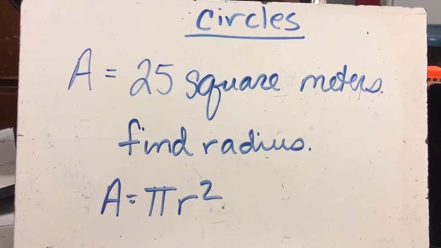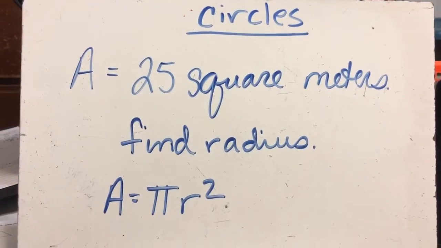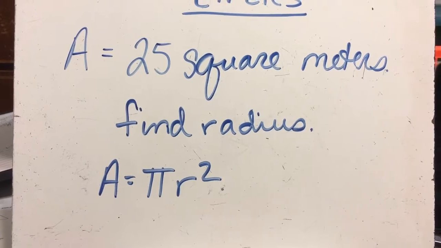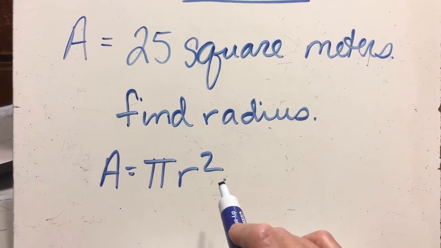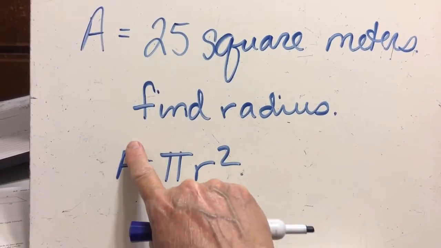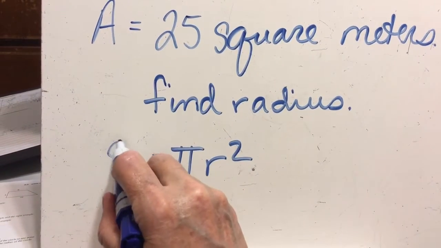Number 9 is very interesting. Now we're given an area of a circle is 25 square meters, and we are to find the radius of the circle. They did not give us that. So here, area is pi r squared, and we're trying to find the radius. What we do know is that the area is equal to 25.